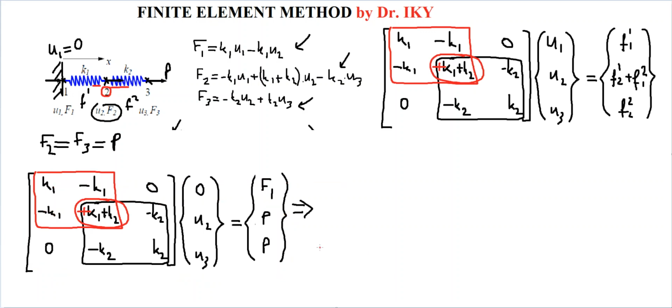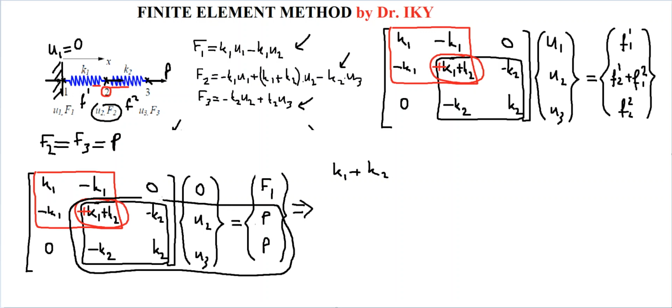Because of that, let me write it. I can say K1 plus K2. If I was saying that this column also is going out, so maybe I should show something like that.